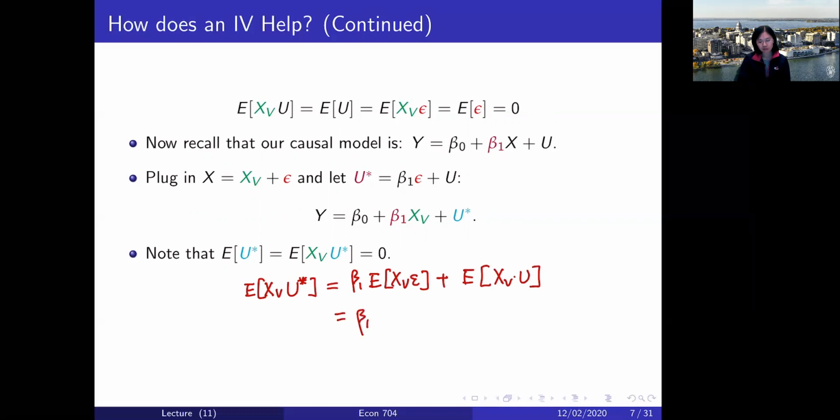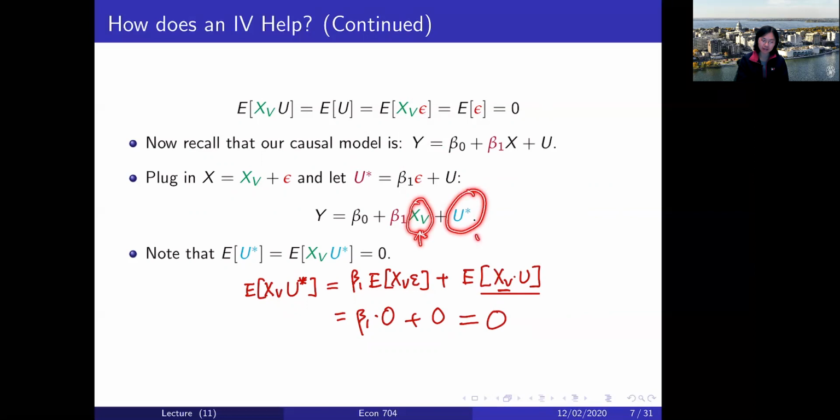And because epsilon is the projection error when you project X on V, and XV is a linear function of V, this expectation is 0. We have derived that. And we have also derived that XV is exogenous, so that is also 0. So that means this XV is in fact orthogonal to U star.